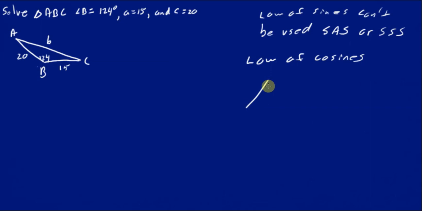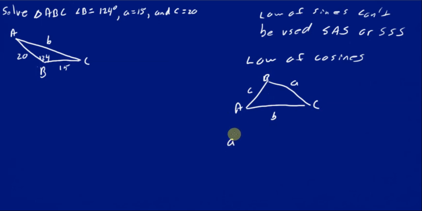The law of cosines says, for any triangle, so side B, side C, side A, the law of cosines relates the angles and the sides here. It's actually very easy to memorize. Pick any side.